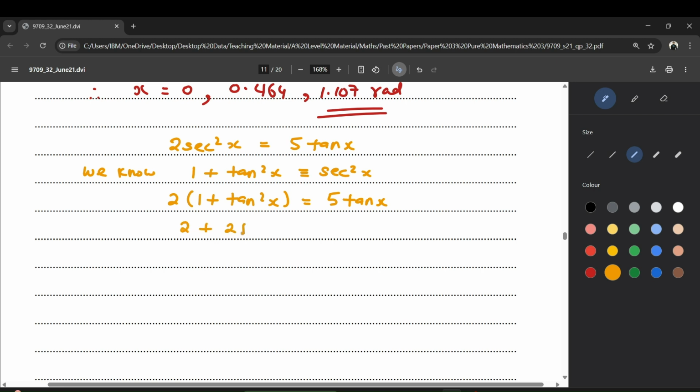Then we have 2 plus 2 tan squared x minus 5 tan x equals to 0. We can rearrange this. And you can see that this is a quadratic equation. So now what you can do is you can solve this quadratic equation and you'll get two solutions from here as well. Okay, so that is the end of question number 8.